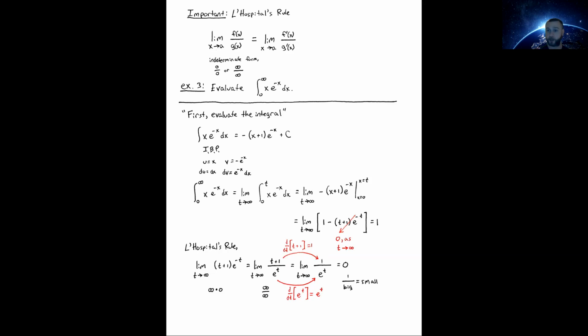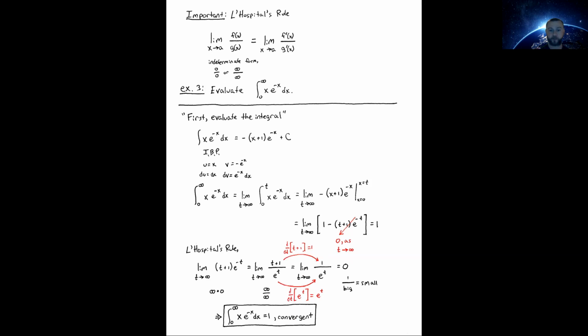That whole limit will approach 1. So in this case, since that limit exists and it approaches a single finite number, 1, we say that improper integral is convergent. Intuitively, what that means is the area beneath the graph of that function from 0 to infinity is a finite area.